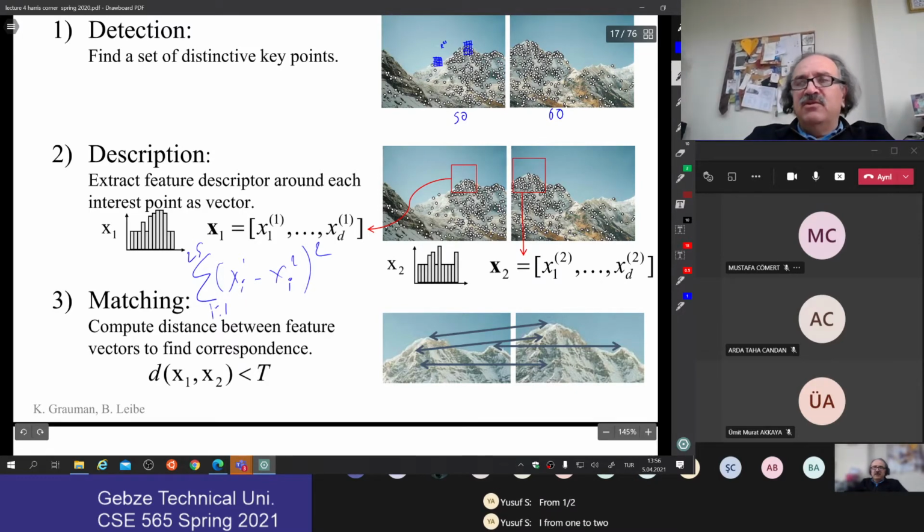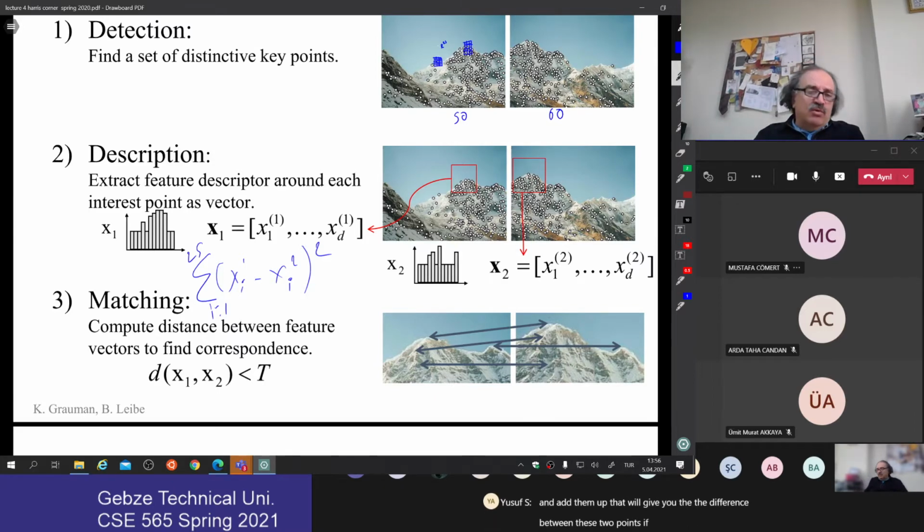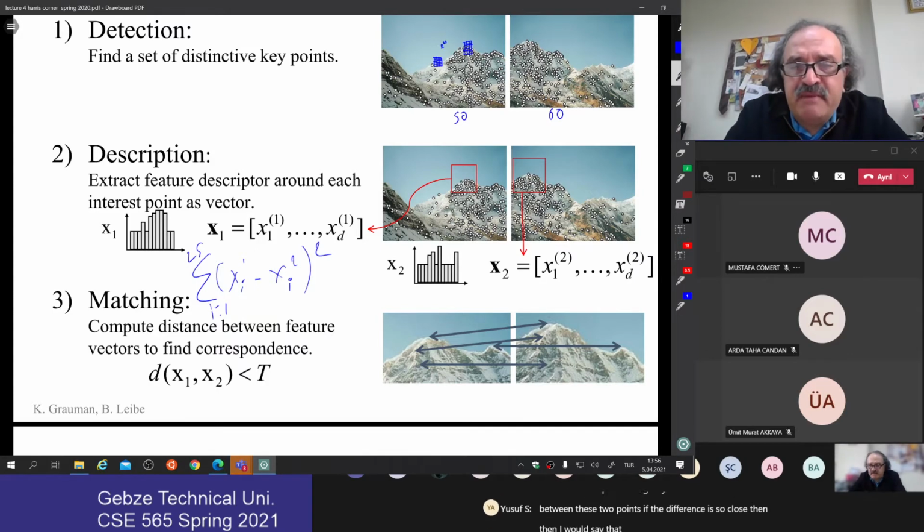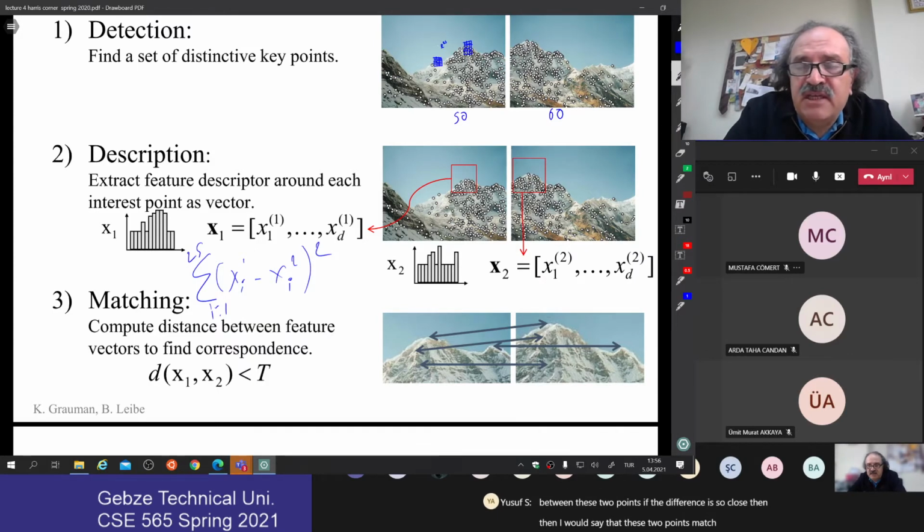So take the difference, take the square, and add them up. That will give you the difference between these two points. If the difference is small, then I would say that these two points match. Otherwise, I would say these two key points do not match.